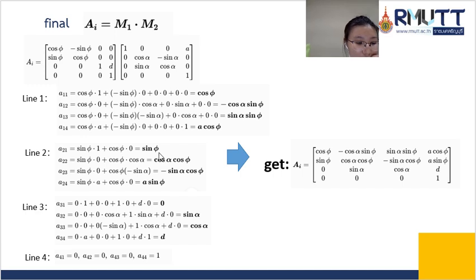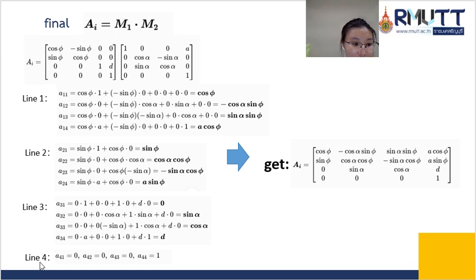The second row is sine phi, cosine alpha cosine phi, negative sine alpha cosine phi, a sine phi. The third row is 0, sine alpha, cosine alpha, d.